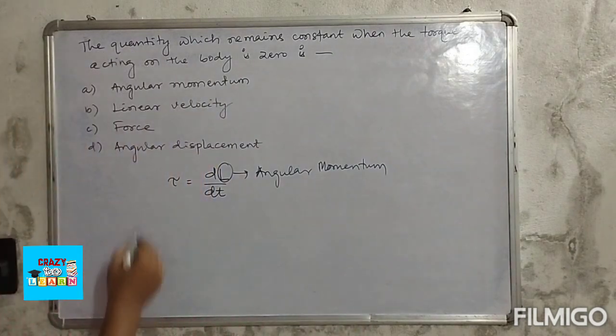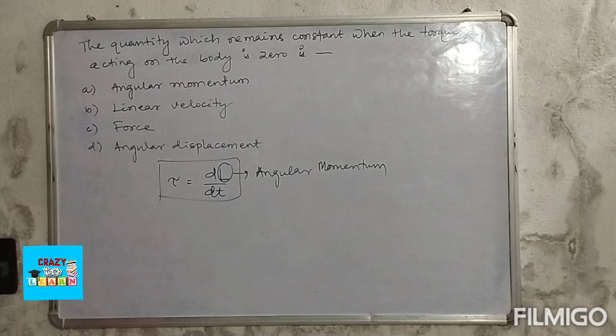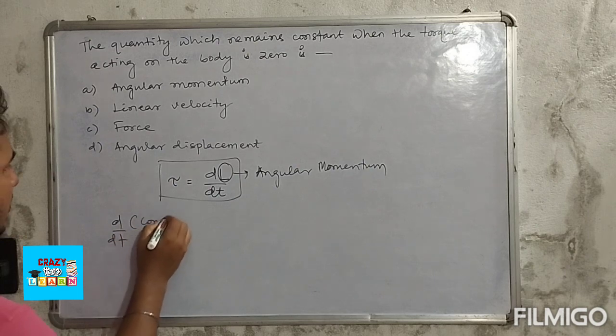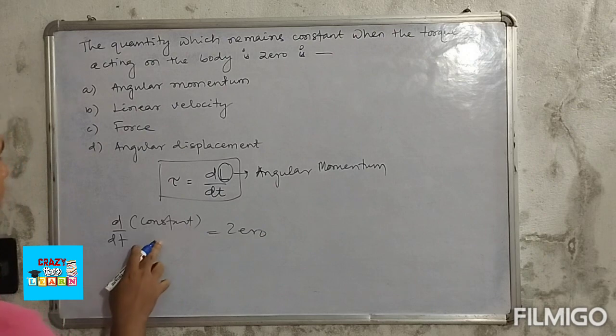We know this, the torque tau is equal to dL by dt. And we also know that the derivative of a constant is always 0.